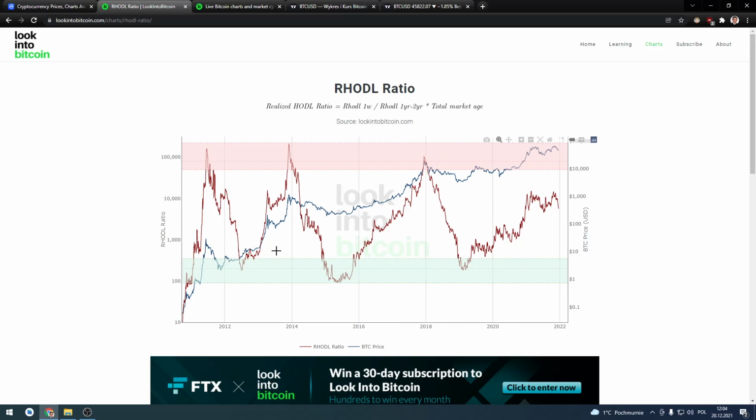But as history told us, pretty much every time we had this red line in this area, we can expect that the price of Bitcoin might be at its top.